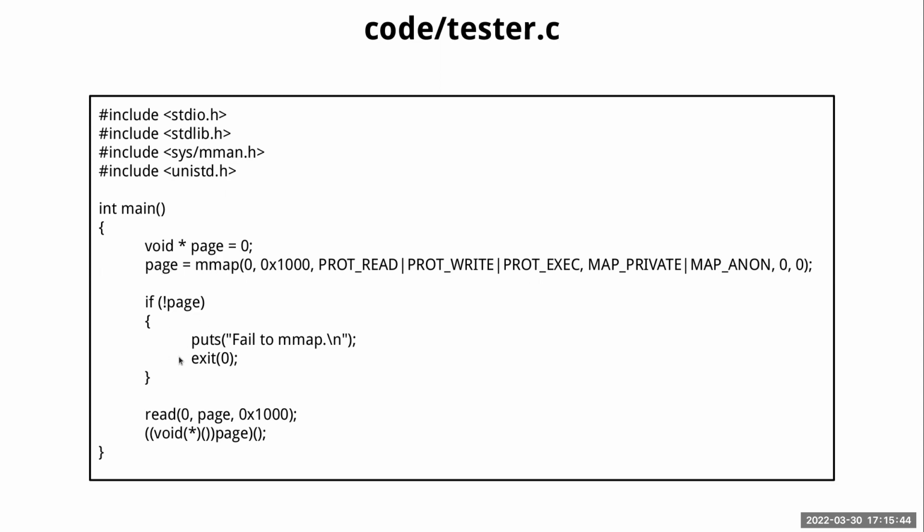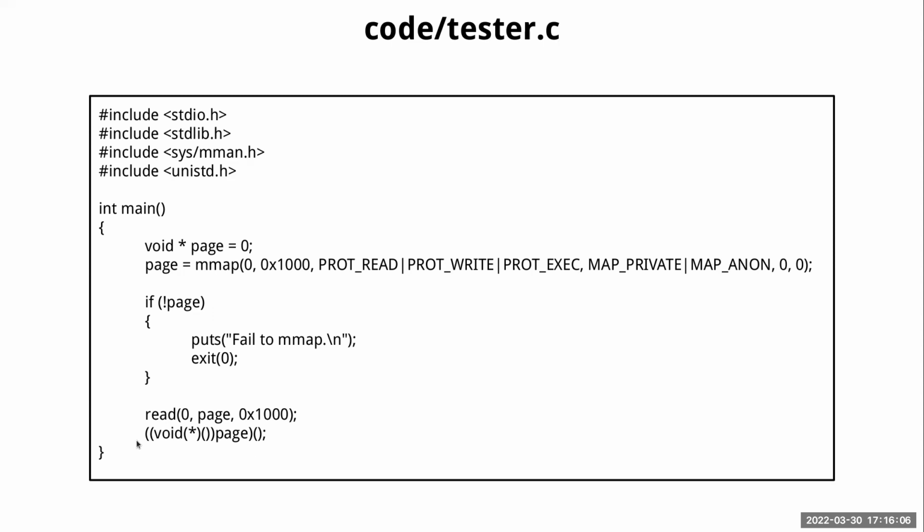Then, if the page is created, we are going to read from stdin. So 0 here is stdin. We're reading one page from stdin and put that in this address page. Then we are going to give the control to that page. Basically, if you put shellcode there, we give the control to that.